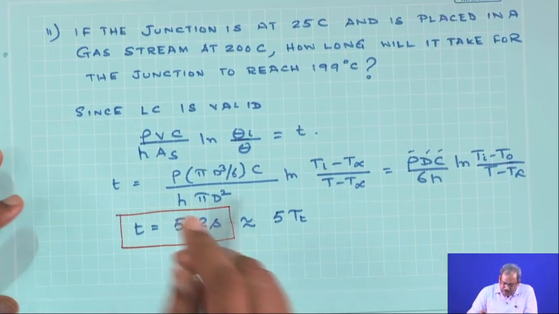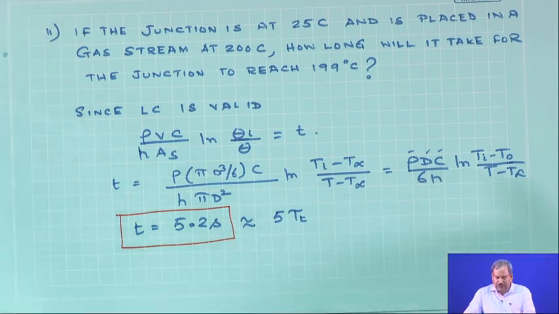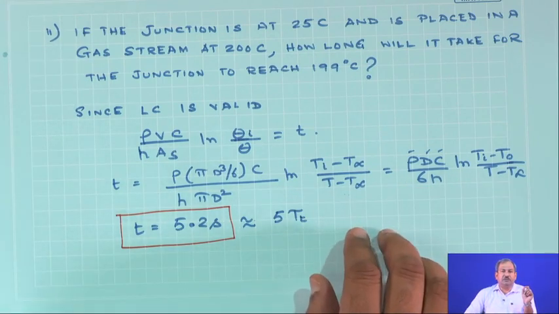So, from the time you place the thermocouple junction into the gas stream, it would require roughly about 5 seconds for it to correctly measure the temperature of the gas stream which is flowing, with an accuracy of plus minus 1 degree centigrade. So, this gives you an estimate of the efficiency or the quality or the usefulness of the thermocouple detector.